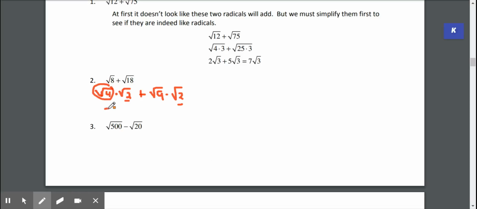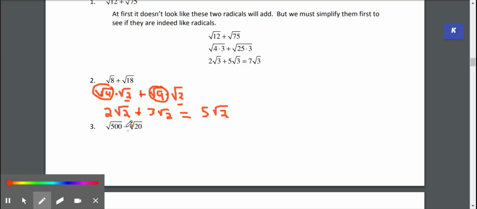I can take the square root of 4. That's 2 square root 2. I can take the square root of 9, and that'll give me 3 square root 2. And now I have like radicals, and I can add them together. So we have a total of 5 square root 2.